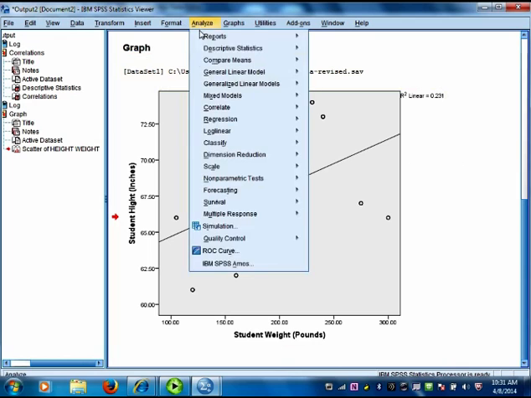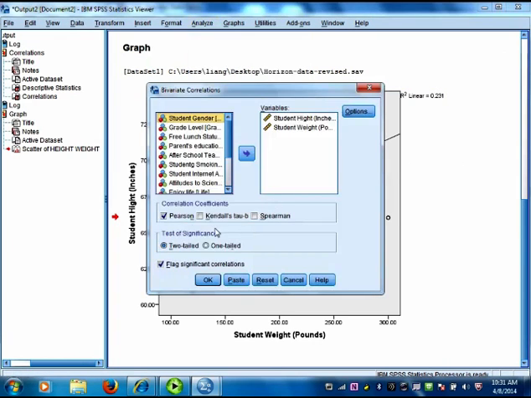If you want to do a correlation coefficient with one continuous and one categorical variable, you can use Kendall's tau. For example, I can say I'm interested in height and student grade level. In this case, height is a continuous variable and grade level is a categorical variable.